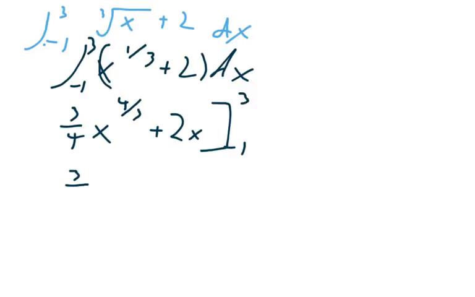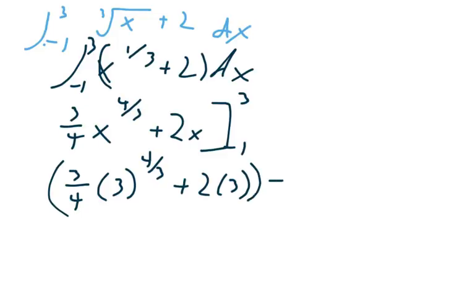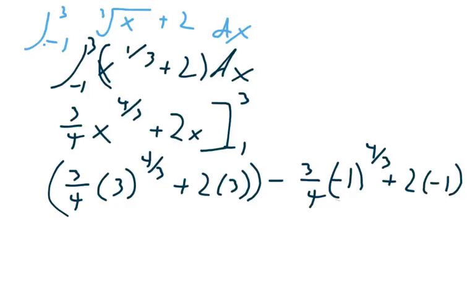So this becomes 3/4 times 3 to the 4/3 plus 2 times 3, minus 3/4 times negative 1 to the 4/3 plus 2 times negative 1, and that's in parentheses.